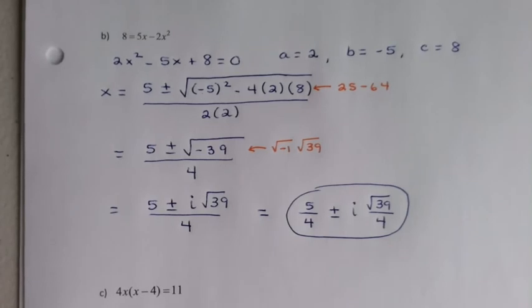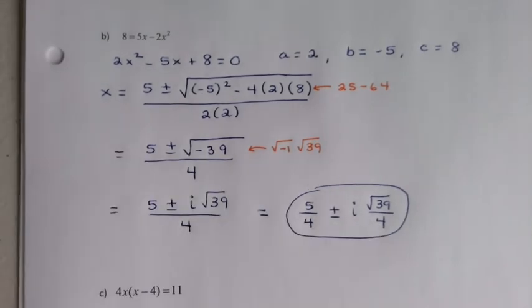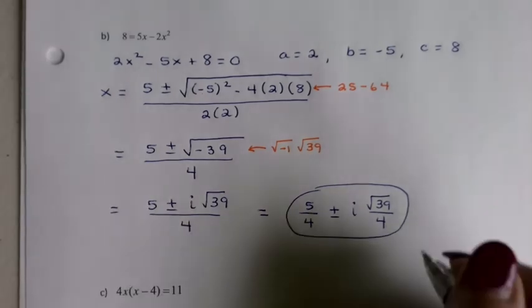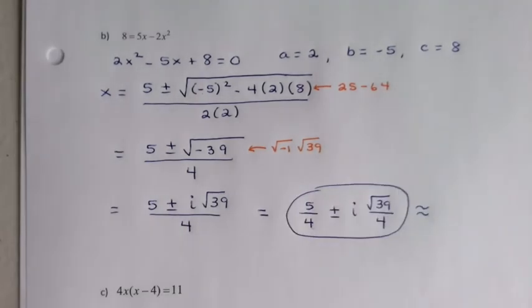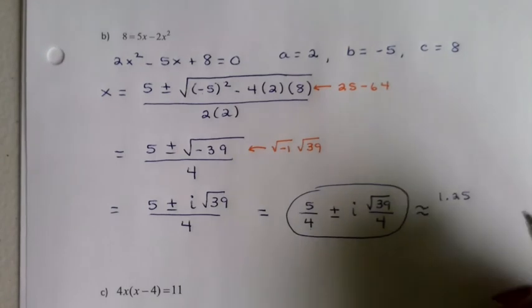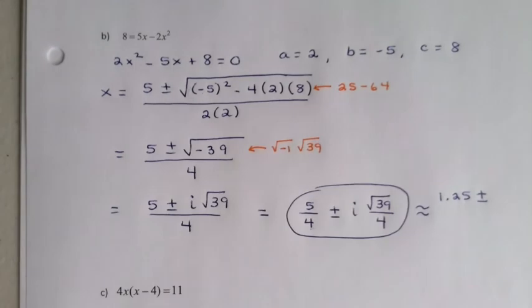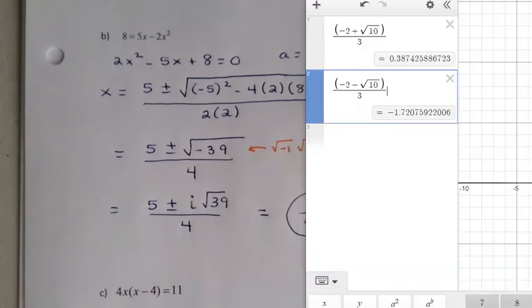I'd like to say just a word about decimal approximations here. You can't combine the real and imaginary parts. So if you wanted some form of decimal approximation, you'd have to do the real and imaginary parts separately. Now 5/4, that's 1.25. And then we can do plus or minus. And then I'd have to do the square root of 39 over 4. Let's see here.